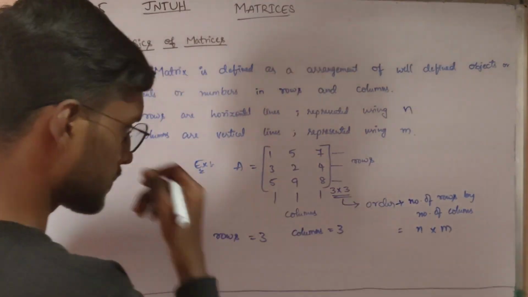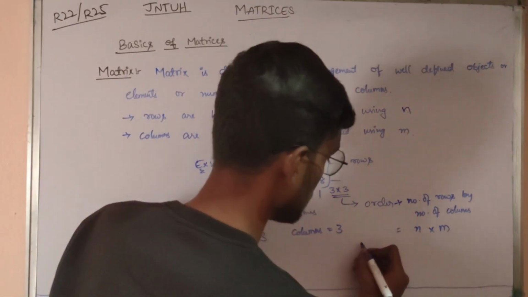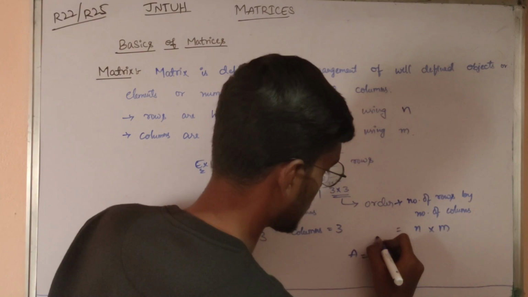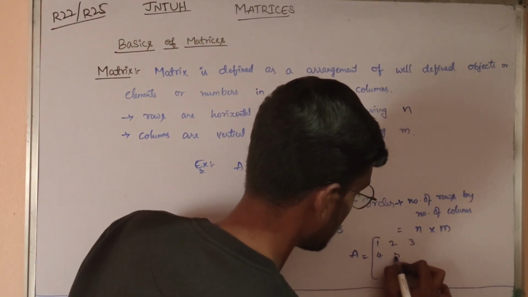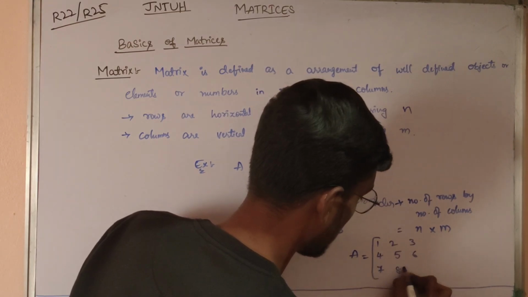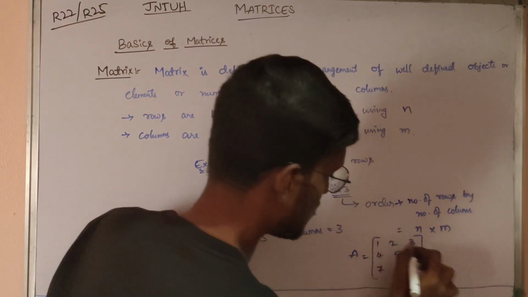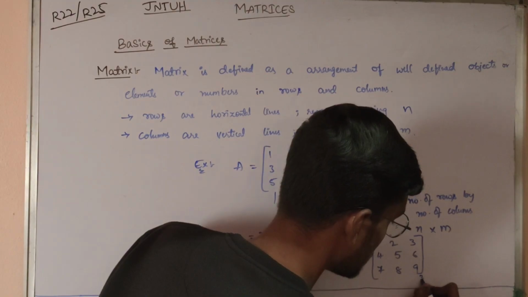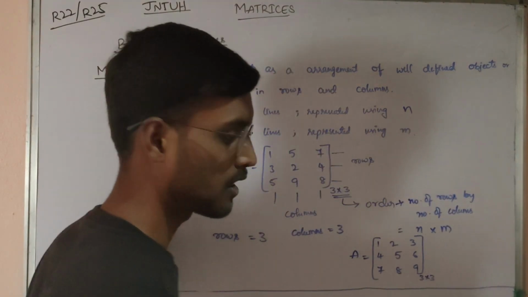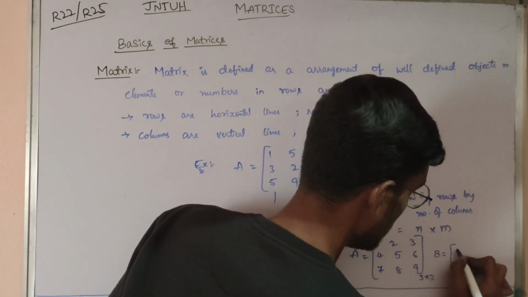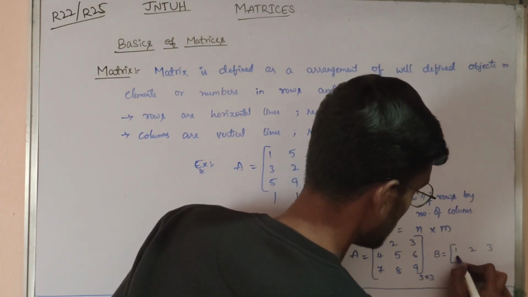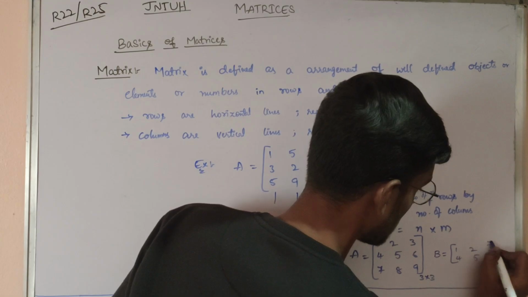Next, coming to the example for the order. Let us take A as a matrix of 1, 2, 3, 4, 5, 6, 7, 8, 9. This is our matrix of order 3 by 3. Next, let us take a matrix B: 1, 2, 3, 4, 5, 6.